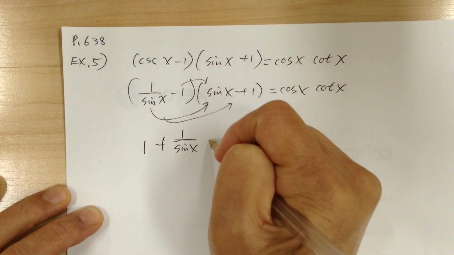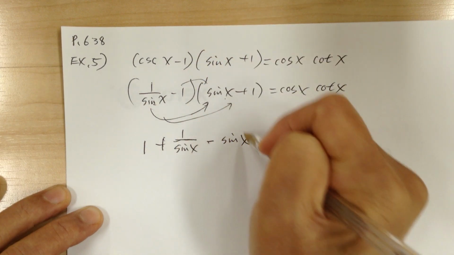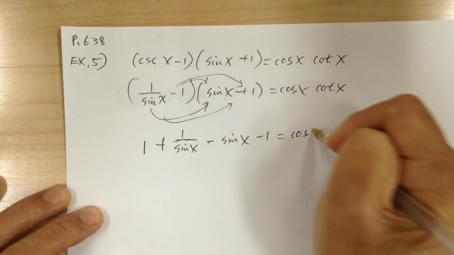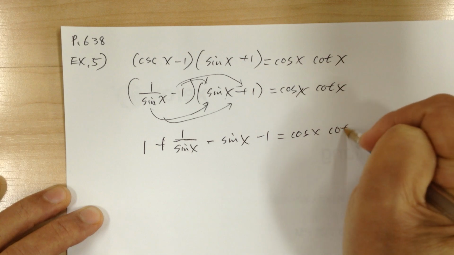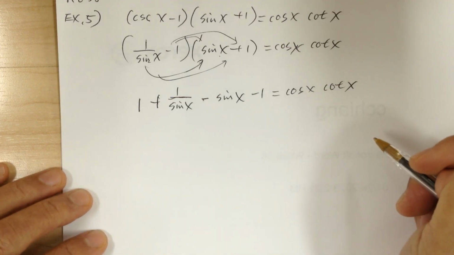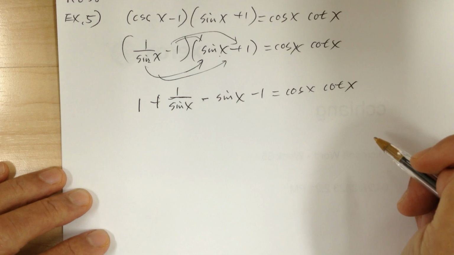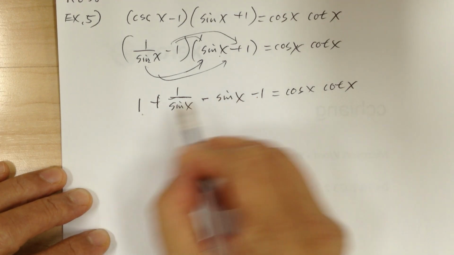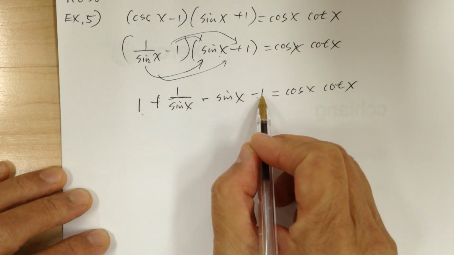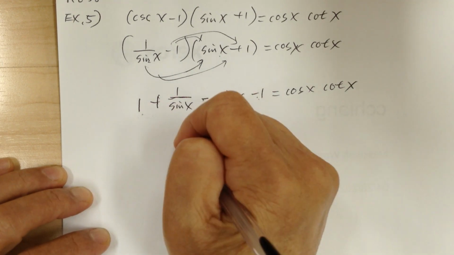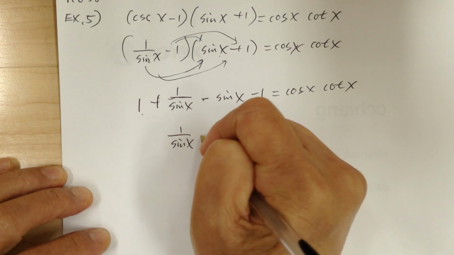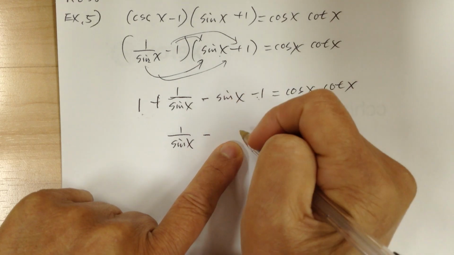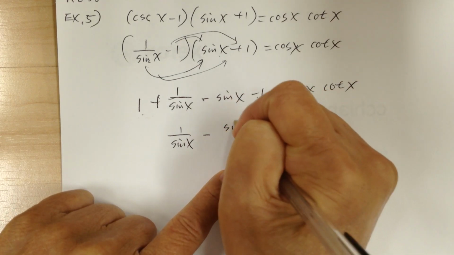This times that will give you minus sine x, and this times that will give you minus 1. Okay, so notice this and this will cancel out. So you're going to get 1 over sine x minus sine x over 1.